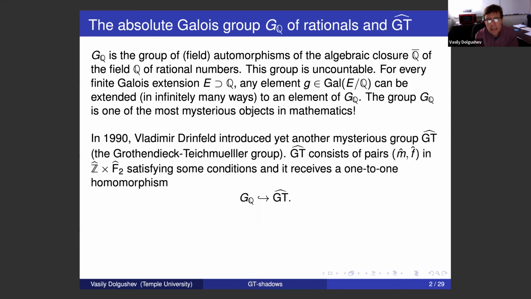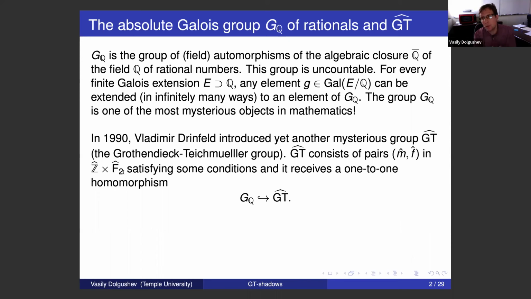So in 1990, Vladimir Drinfeld introduced yet another mysterious group, and he called it GT hat. This group consists of pairs (λ hat, f hat) in this Cartesian product, satisfying some conditions. Typically when I put a hat, I mean profinite completion. For example, Z hat here means the profinite completion of Z, and F2 denotes the free group on two generators.